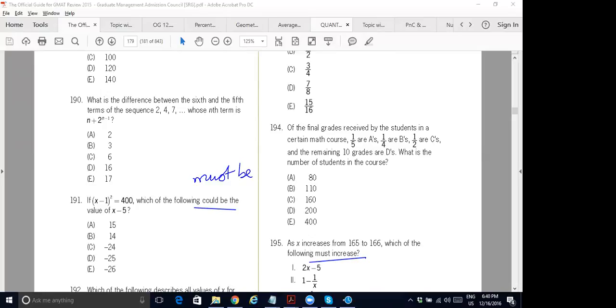So they always ask these two types of questions, must or could. In could, there are multiple possibilities and you have to figure out the possibility that is actually possible, so you have to figure out all possibilities and then choose the option accordingly. For must increase, you have to try and rule out all possible scenarios, but if you cannot rule out any scenario, then that will be the answer. We will discuss a few questions on must be scenario as we move along. Okay.